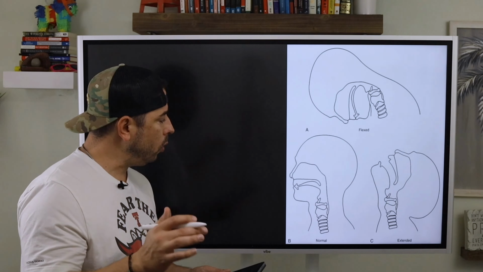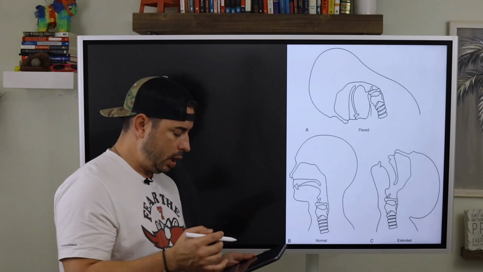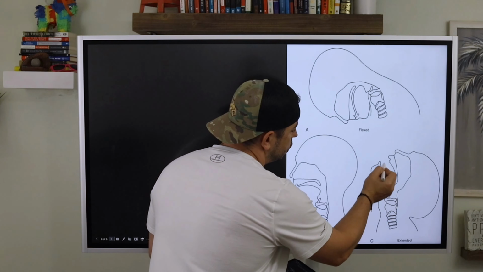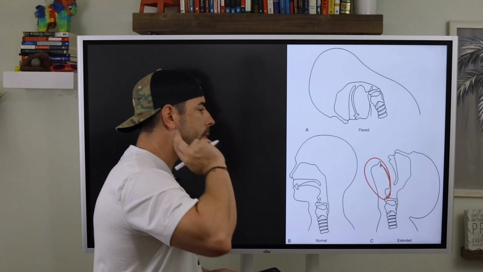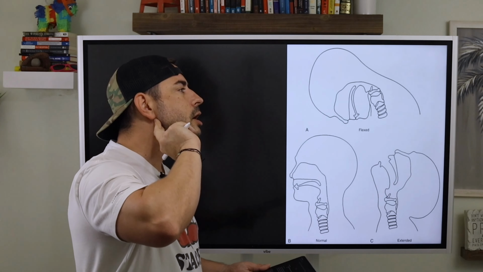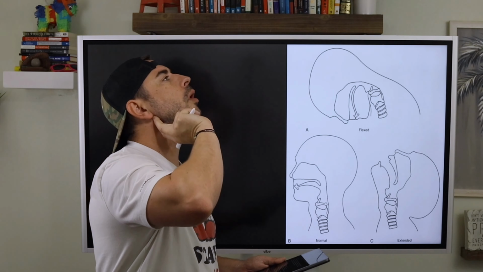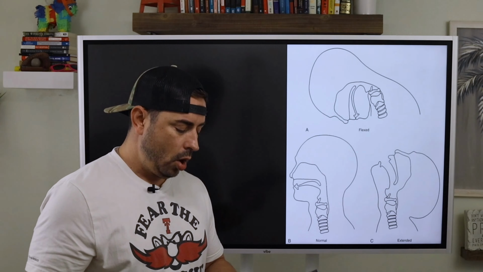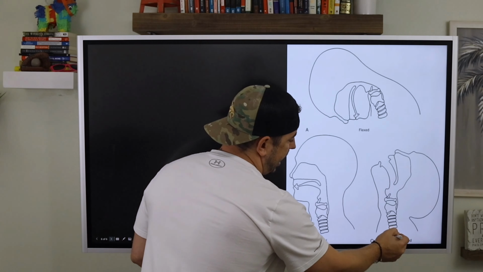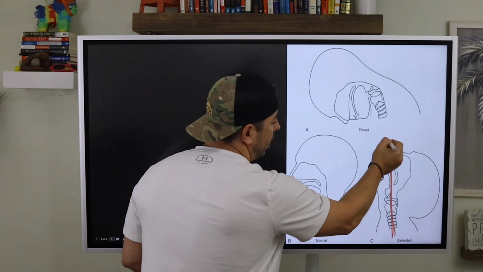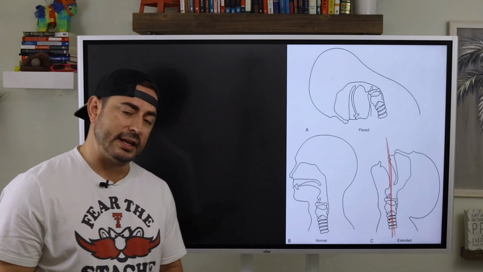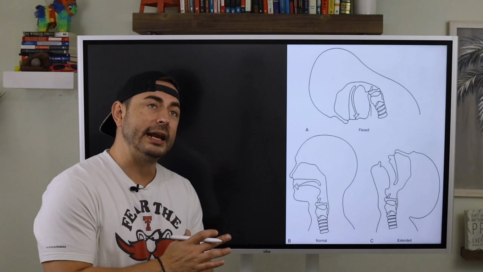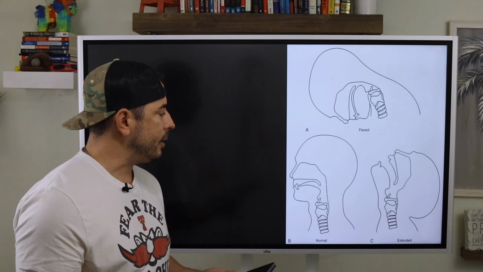And what we want to do is extend the lower jaw. We want to extend the lower jaw by grabbing the lower jaw and pushing it forward while we put them into a sniffing position. What this does is create a direct line and a patent airway that's wide open, or it will alleviate that obstruction.